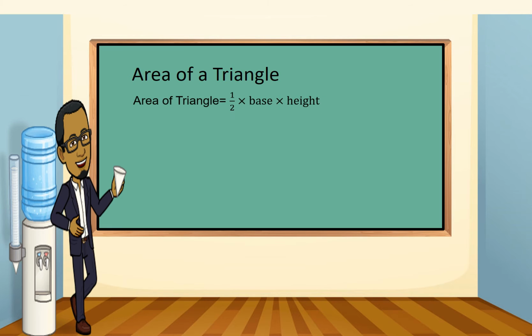In general, the area of a triangle can be found with the formula half of the base multiplied by the height. But can we use any height with this formula? You are correct. The height must be perpendicular to the base of the triangle.